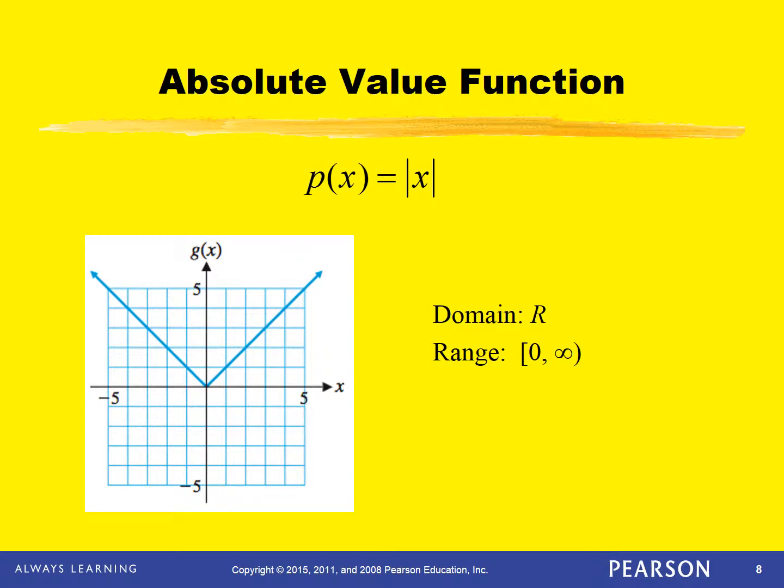The absolute value function has a familiar V-shaped graph. The absolute value, of course, returns a positive number for a positive input and a positive number for a negative input, and 0 for 0. The domain is the set of all real numbers, because you can take the absolute value of any real number.